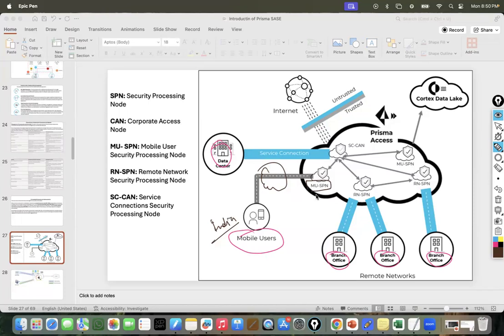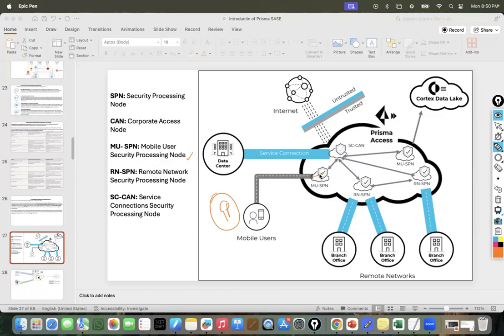MUSPN has dedicated infrastructure where the mobile user is going to land to build the IPsec tunnel. That means if I am sitting in any country, in that country I must have a MUSPN node in the Prisma Access data center, so that if I'm coming from there, I can build directly from my client machine by using GlobalProtect, GP, an IPsec tunnel, and then I can land it here. So that's why MUSPN, Mobile User Security Processing Node.